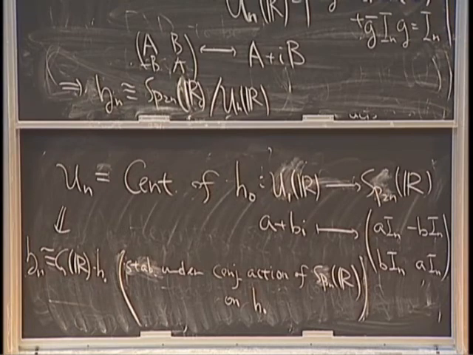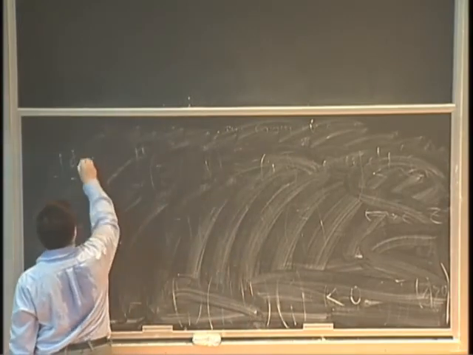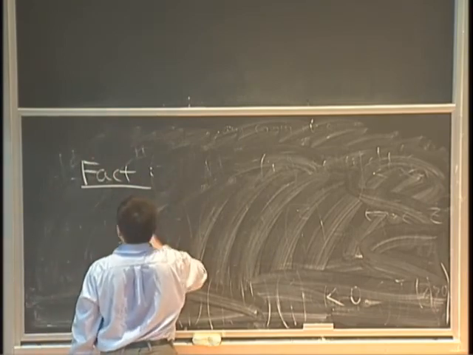I guess it's not completely obvious why this is true, but let me just write down the fact. This is not completely easy to justify, but anyway, this is an important fact.